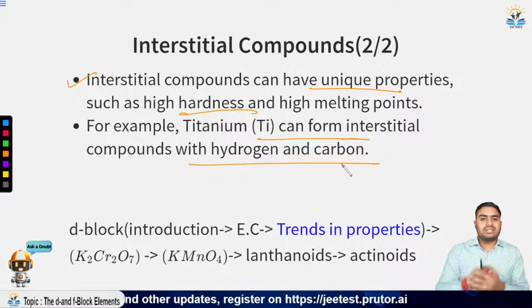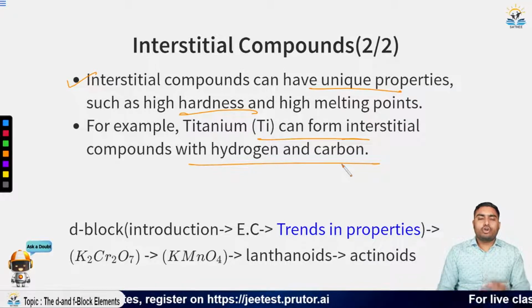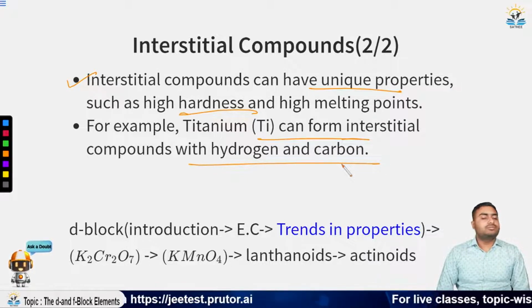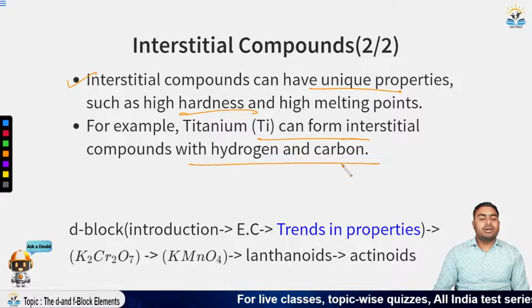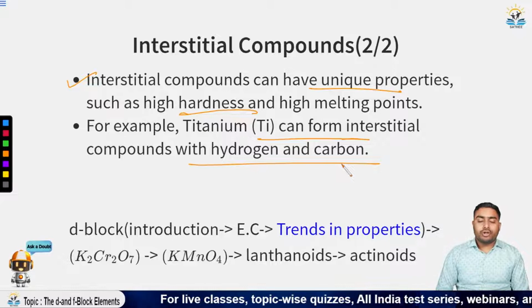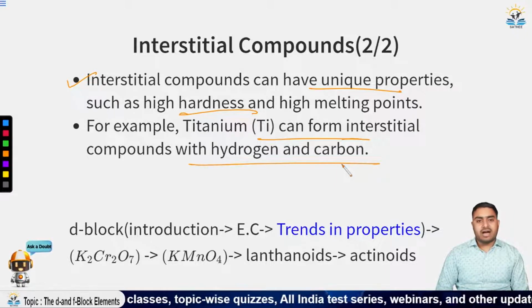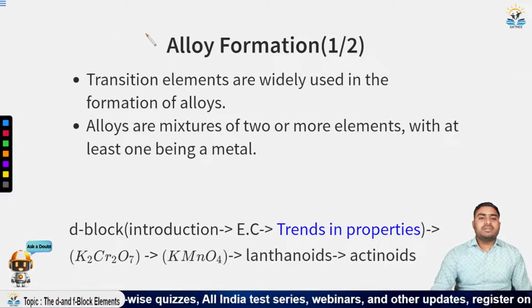So we can use small atoms, and they can occupy the interstitial space, and then the metal lattice becomes hard and the melting point of that metal lattice becomes high. That's the point here. Okay, next one is alloy formation.